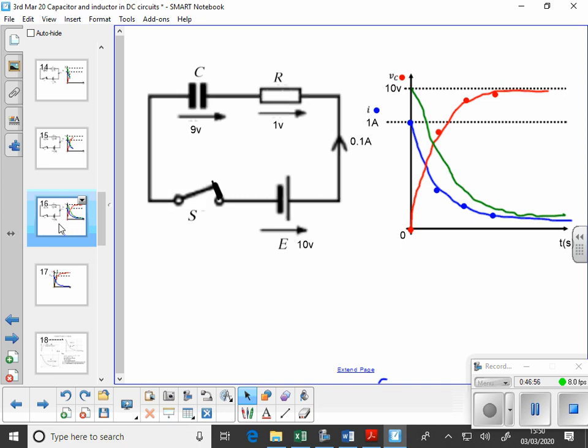I say tends towards because in theory it'll never actually get there. The bit that hasn't got there is so small that you can ignore it. And the current eventually stops flowing because the capacitor is completely charged. So that's what happens during capacitor charging.